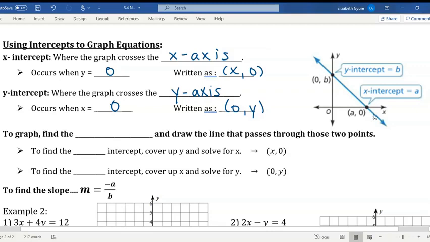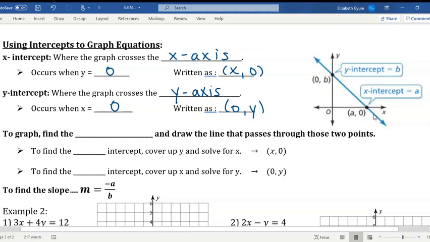Now, if you did the notes yesterday, it might be a big if, I haven't looked yet, you might have noticed that to make a line, how many points do you need? 2. To make a line, you need 2 points. Now, when we can, we like to graph 3. 3 is better, okay? But with these, if we can just graph 2 points, an x-intercept and a y-intercept, we can connect them, and then we'll have our line.